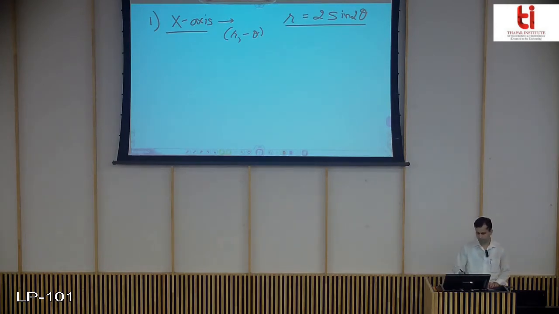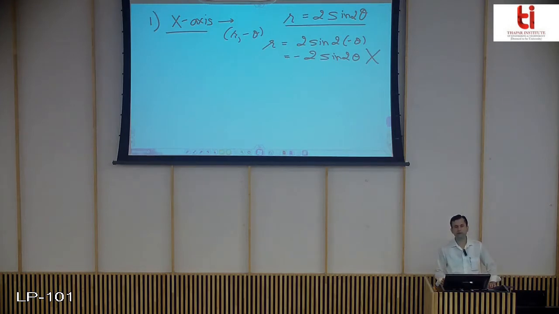For this point, we get sine 2 times minus theta, which is minus 2 sine 2 theta. So clearly, when we substitute the point (r, minus theta), the curve no longer remains the same. The left-hand side is not equal to the right-hand side, so the point does not satisfy the given curve.